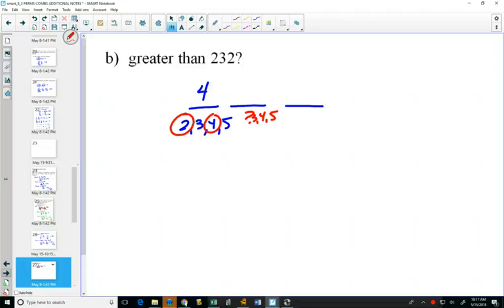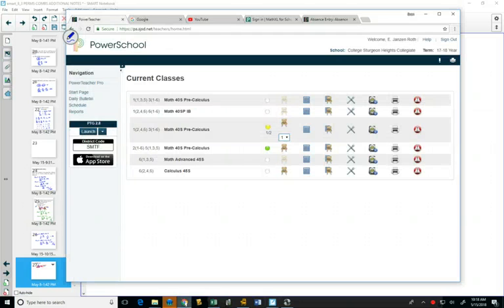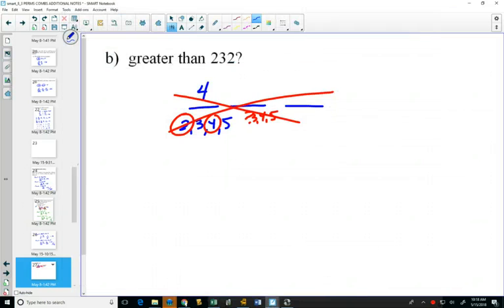So on these ones where it's greater than, what I suggest doing for your cases is start with a number that would guarantee, or start with all the numbers that would guarantee that it's going to be bigger than 232.